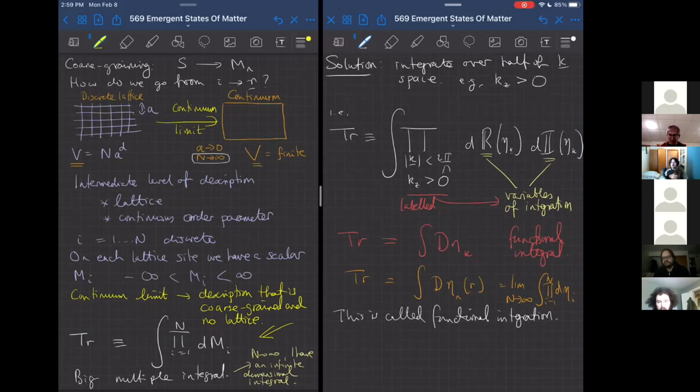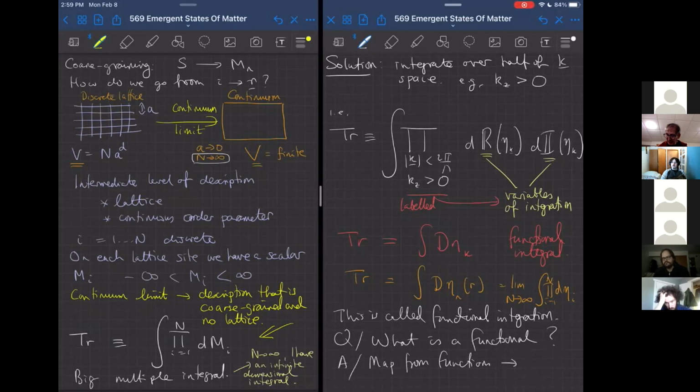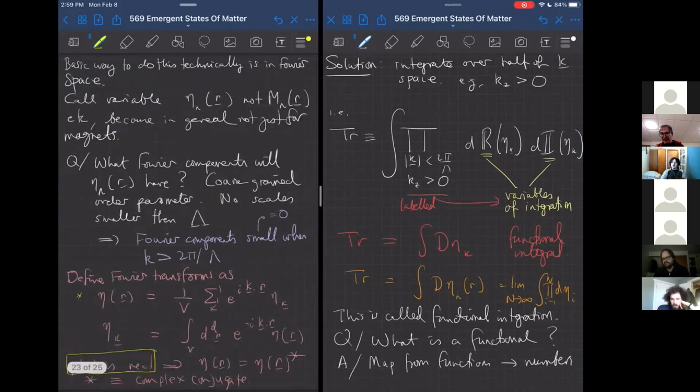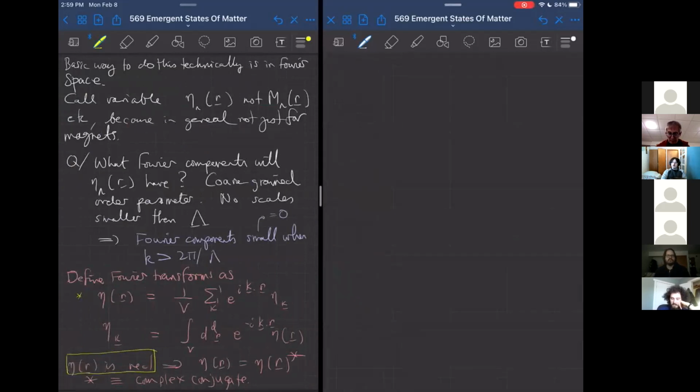And now I want to talk about, well, what is a functional? And what else can we do with functionals? The answer is that a functional is a map from functions to numbers. Let's be clear about what we mean by that.